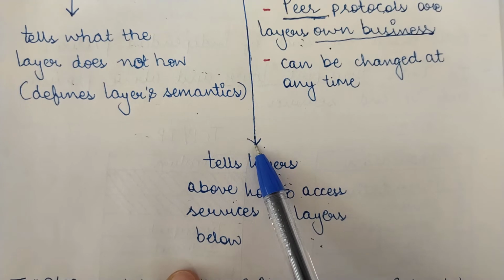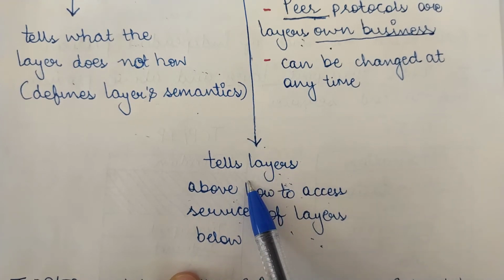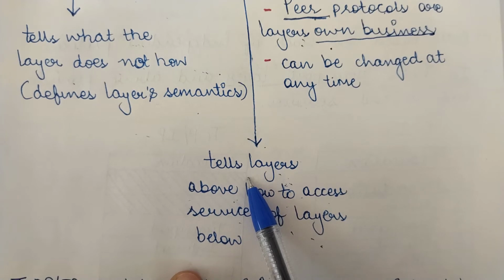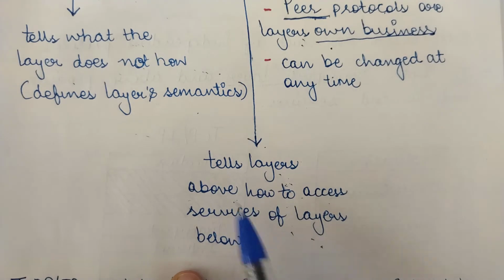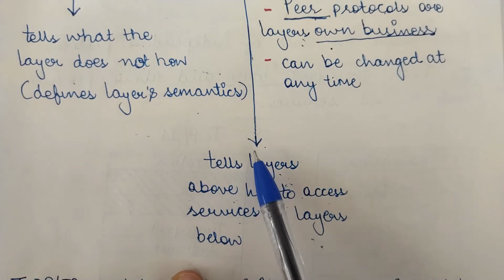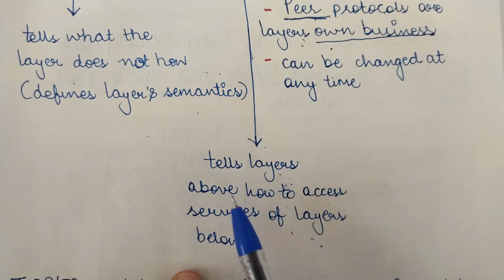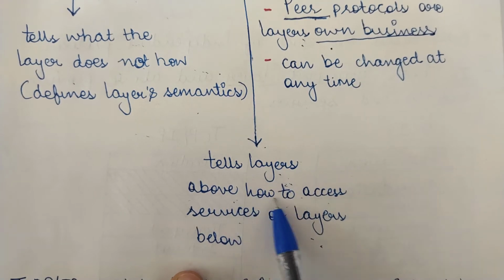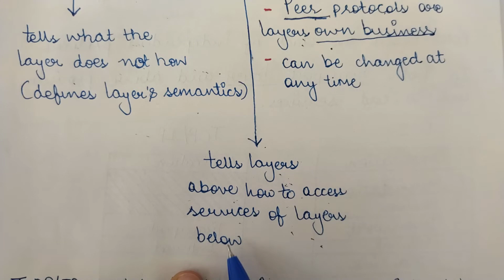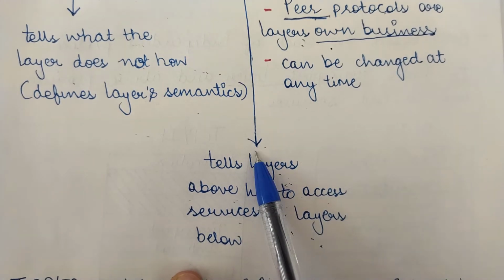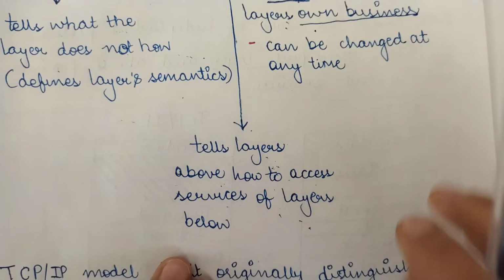So the layer which is above would be sending data and control information to the layer below it, and the layer which is below would be sending its services to the layer above it through the interface. So the interface basically tells the layers above how to access the services of the layer below it. So this is the task of the interface.